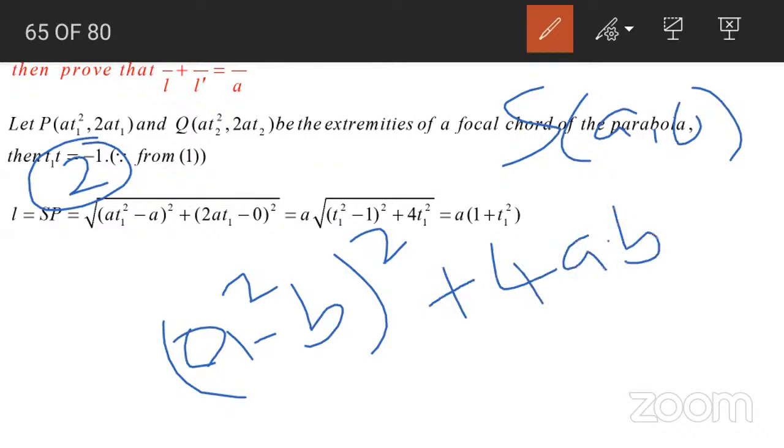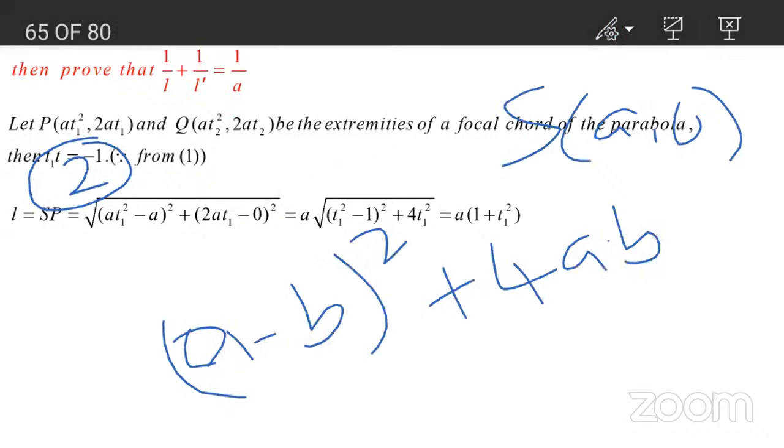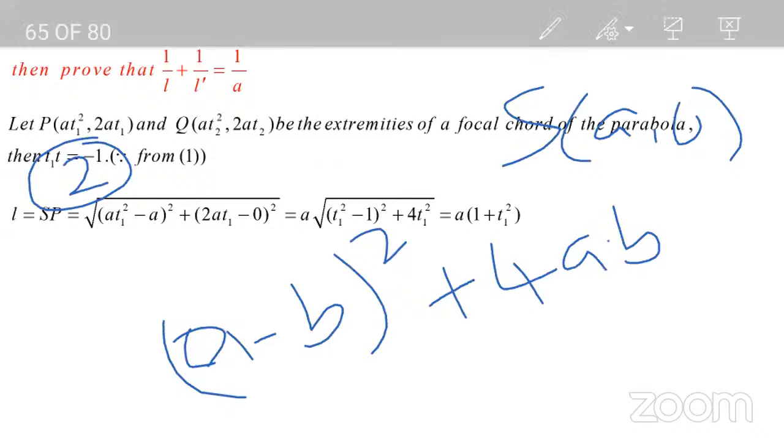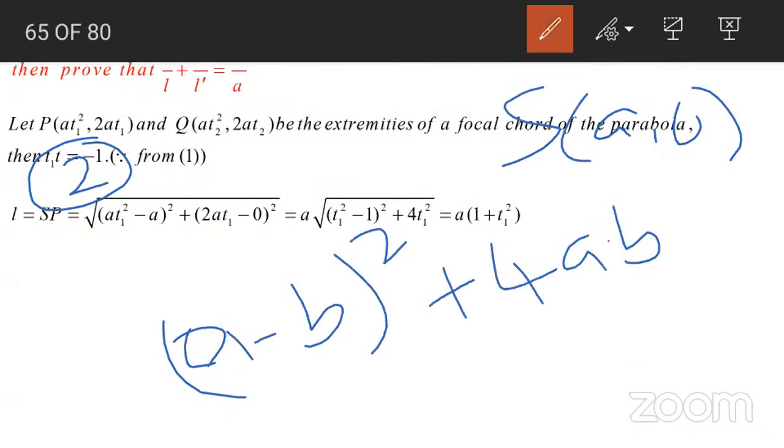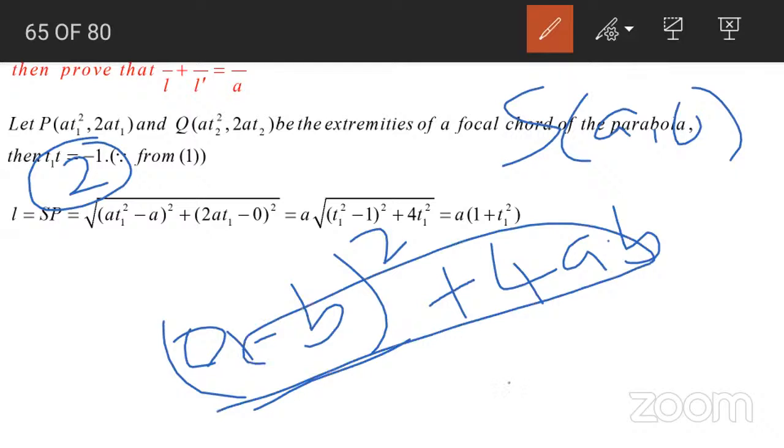This is in the form of (a minus b) whole square plus 4ab, which is a square minus 2ab plus b square plus 4ab, which is nothing but (a plus b) whole square.